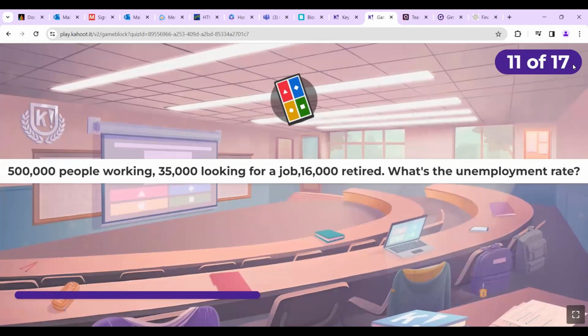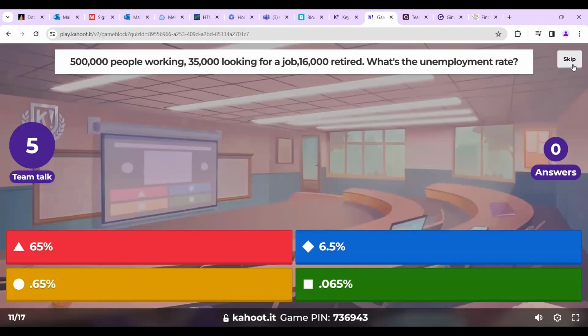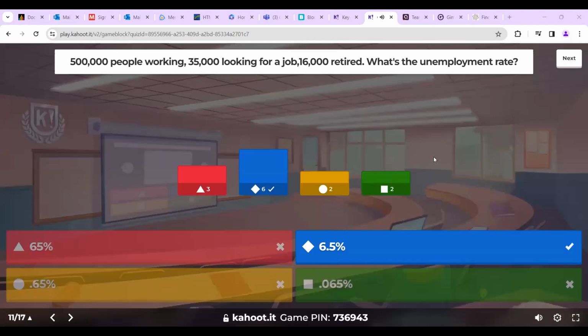500,000 people working, 35,000 looking for a job, 16,000 retired. What is the unemployment rate? So yeah, 6.5%. Excellent.